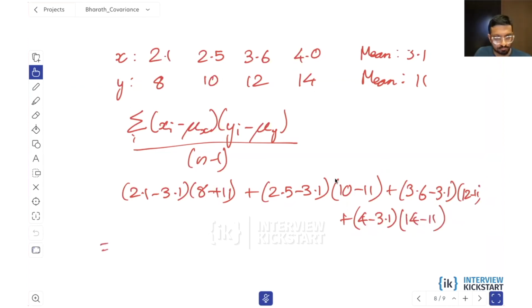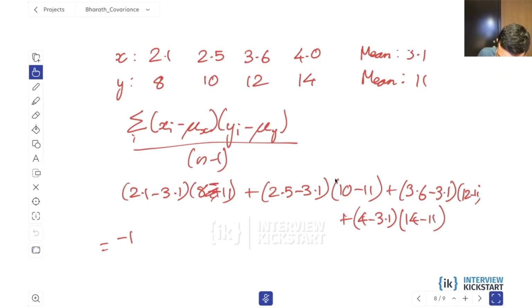We can calculate these. Sorry, I think I need to make this a little bit clearer. Let's just say this is 8 minus 11, not plus.